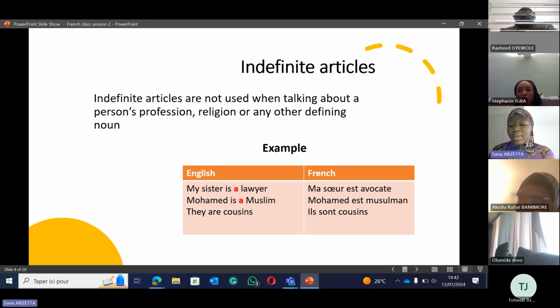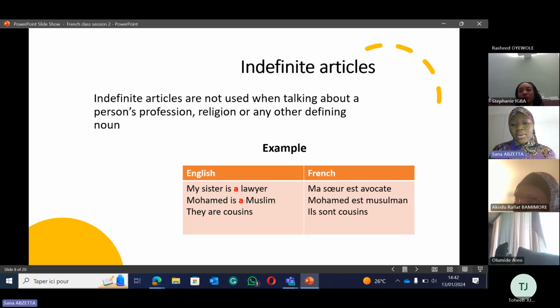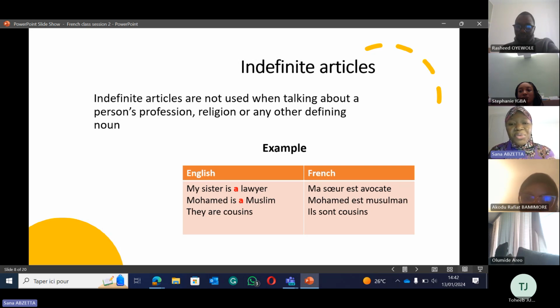But if there is a relationship with someone, there is no article, you would just say Rachid et moi sommes cousins. We just say cousins, not des cousins. Is it more clear?